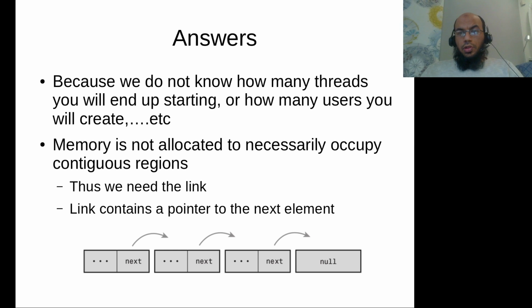So the way we connect the different elements in the linked list is through a link, and these links are pointers to where your next element is. Each link is just a pointer to the next element in your linked list.